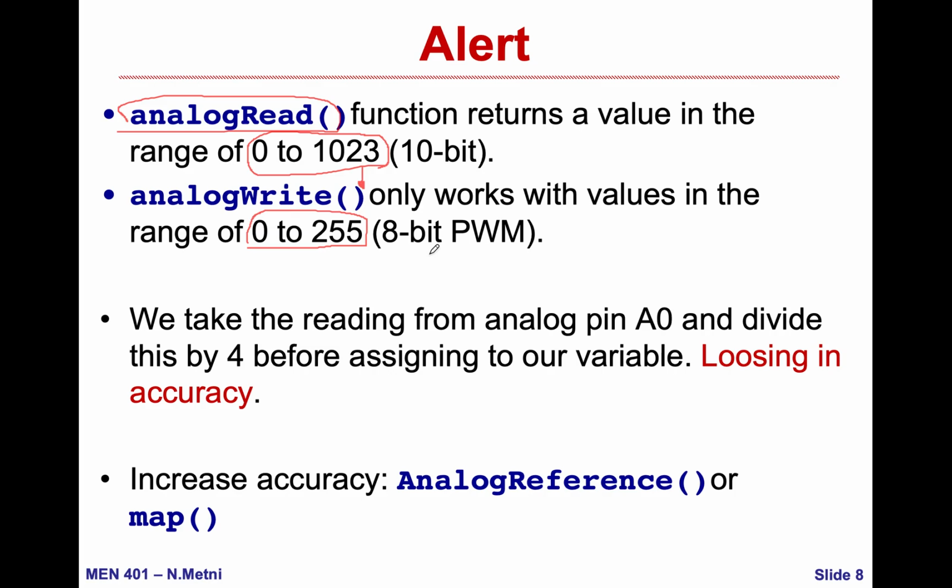So 0 to 1023 divided by 4 will give me a value between 0 and 255. Great, and this is something that can be done. However, if I am sure that my voltage cannot go above 800, by dividing by 4 I am losing a very large part of accuracy.